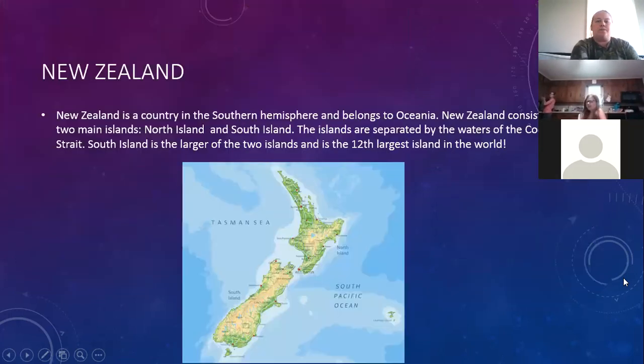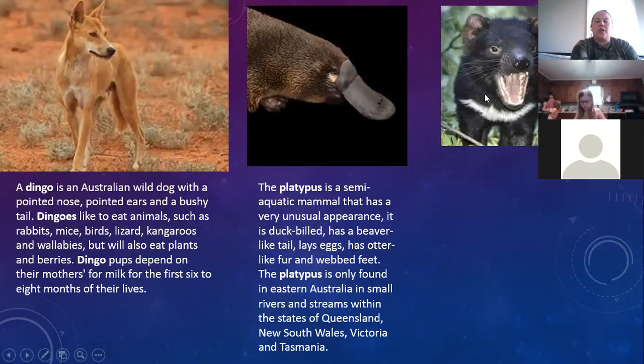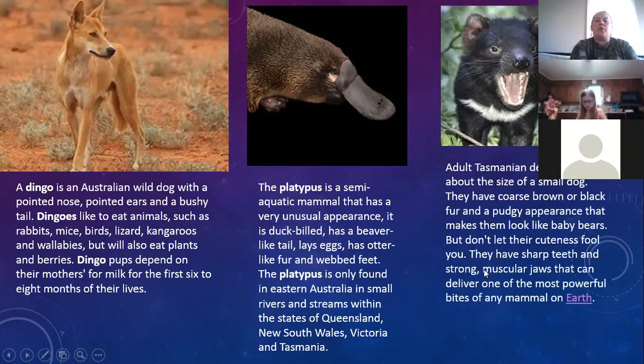And then before we go on, I have a question for you guys. Do you remember anything significant that happened in Australia in this last year? Did you hear anything about anything that kind of devastated Australia? Wildfire?